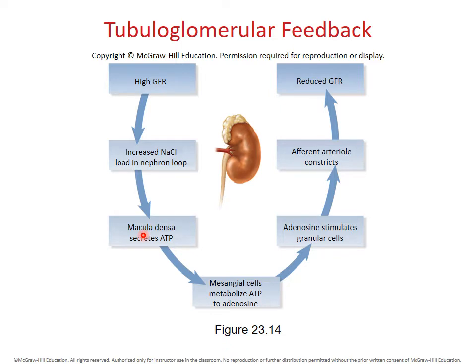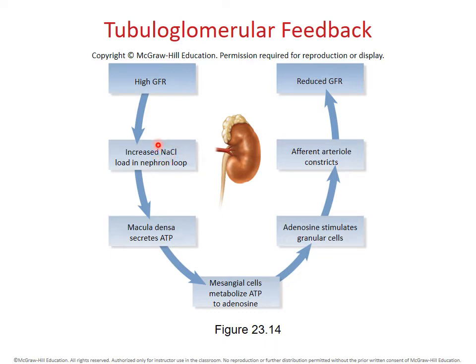The macula densa secretes ATP, remember, in response to increased sodium and chloride in the tubular fluid. Increased sodium and chloride in the tubular fluid result from high glomerular filtration rates. The reason that is, remember, is because the higher the glomerular filtration rate, the faster the fluid moves through the tubules. And so sodium and chloride don't have as much opportunity to be reabsorbed with that faster flow.